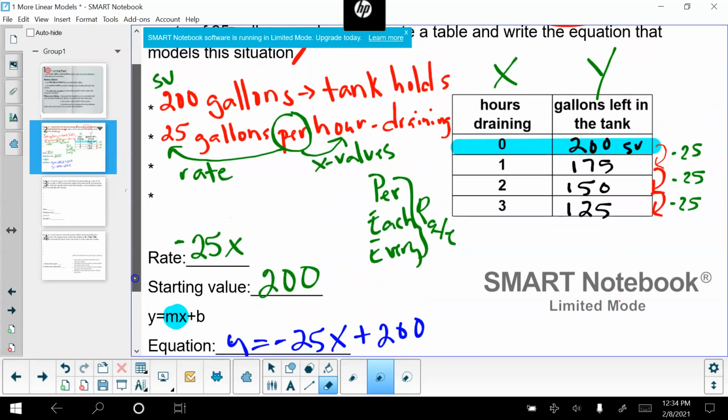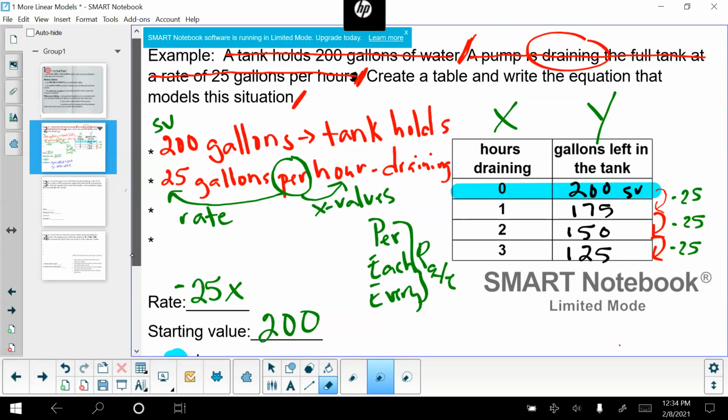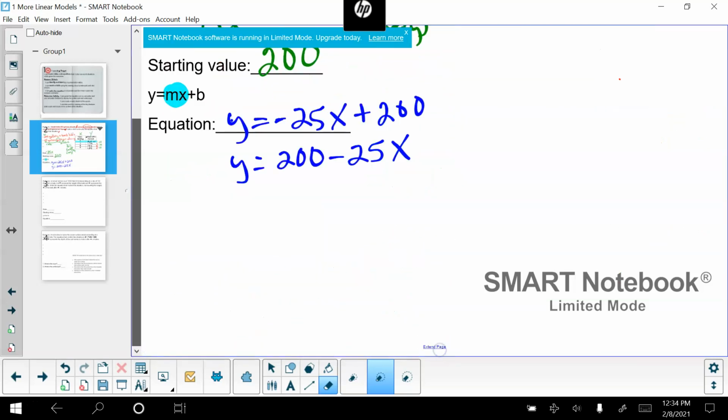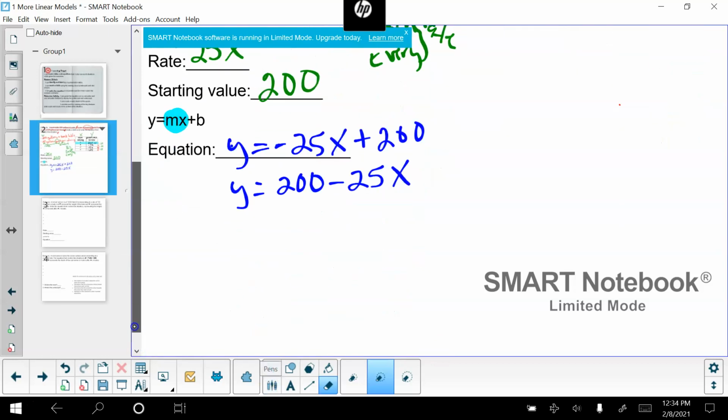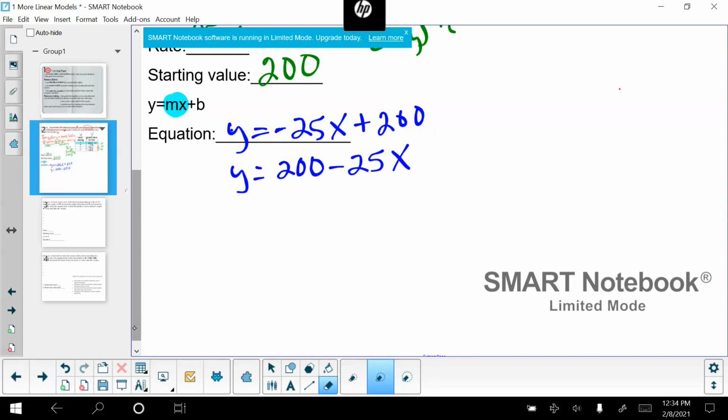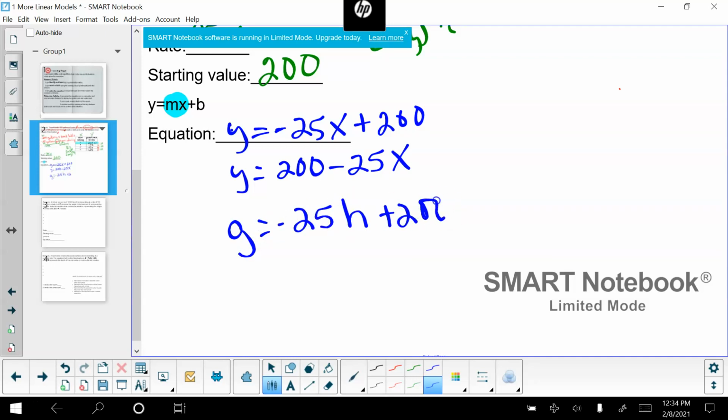So if we go back and look at what our table represents, the y is gallons, so a good letter for that would be a G. The x is hours, so a good letter for that would be an H. So we could easily see it written quite frequently instead of the y and the x, something like G equals negative 25H plus 200, meaning the gallons of water in the tank are decreasing by 25 gallons every hour, and it started with 200 gallons of water.